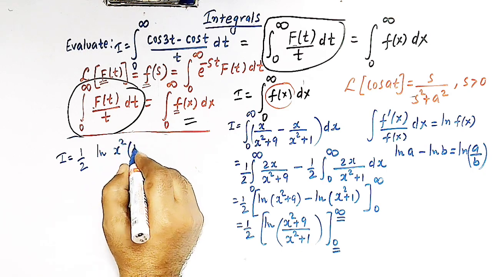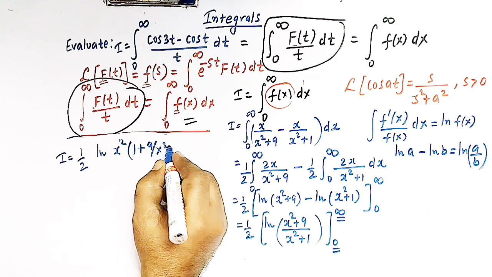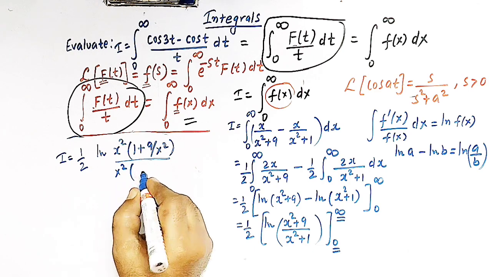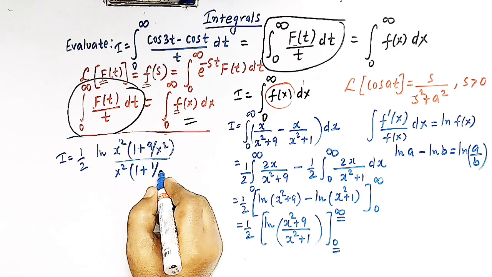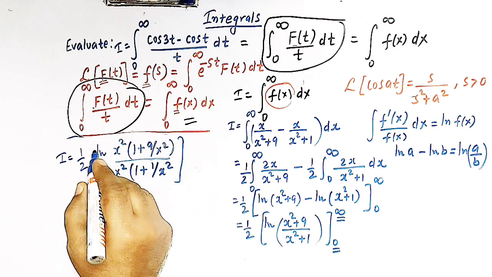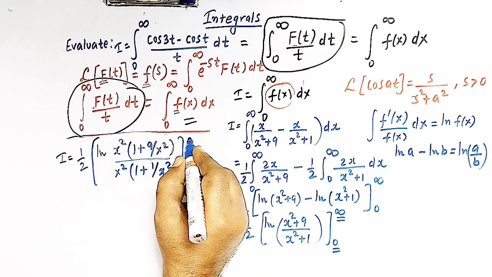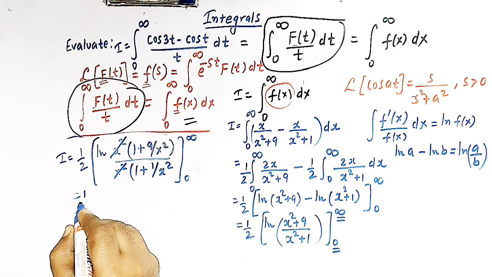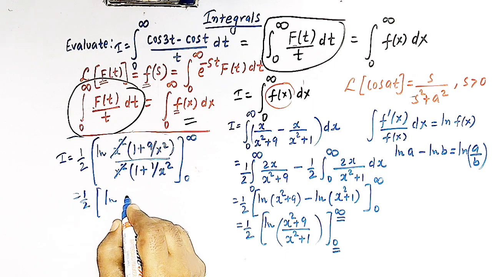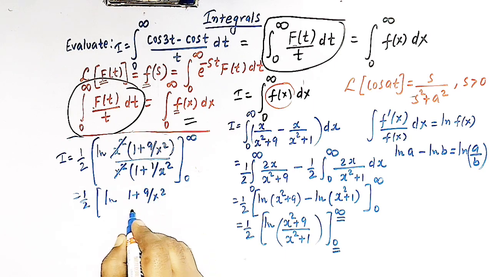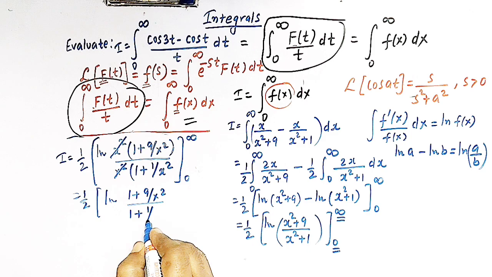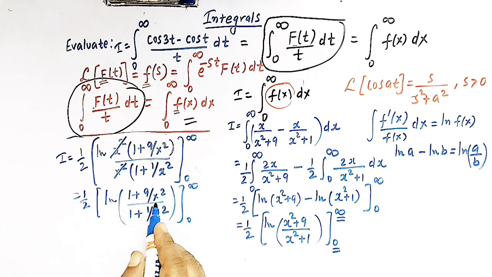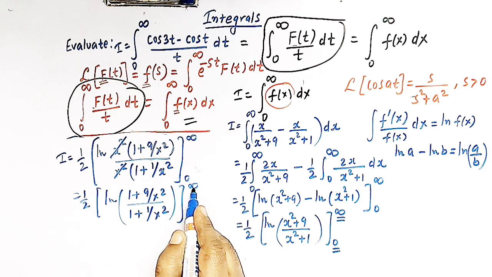Taking x square common, we have 1 plus 9 divided by x square, and in the denominator also we can write x square and 1 plus 1 over x square, right? And here the limits of integration are from 0 to infinity. Now this x square and this x square get cancelled. We have half, and natural log of 1 plus 9 over x square divided by 1 plus 1 over x square, right?